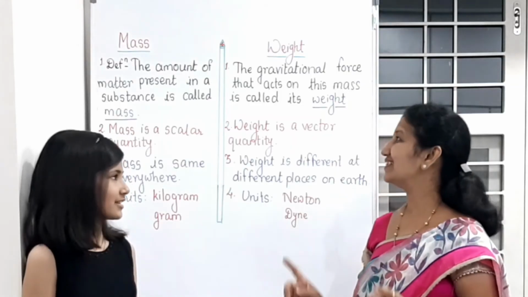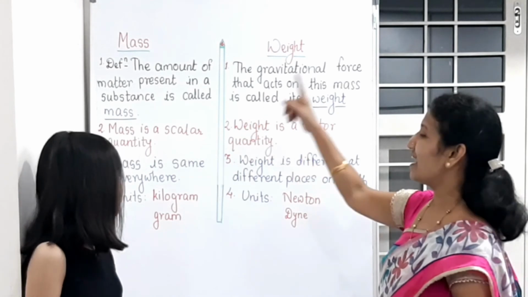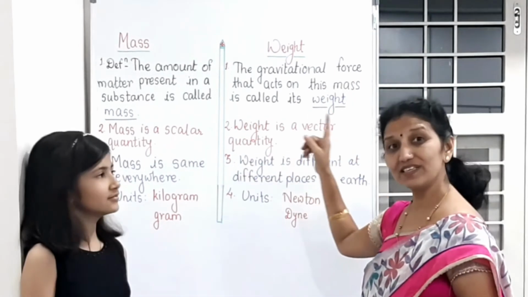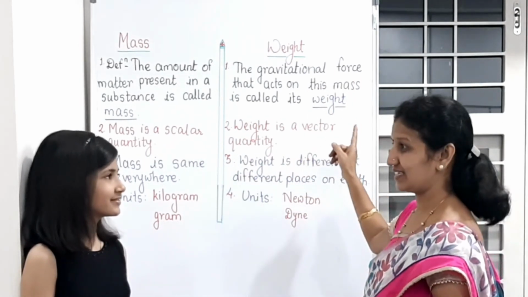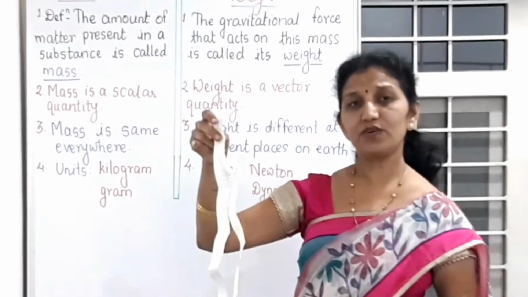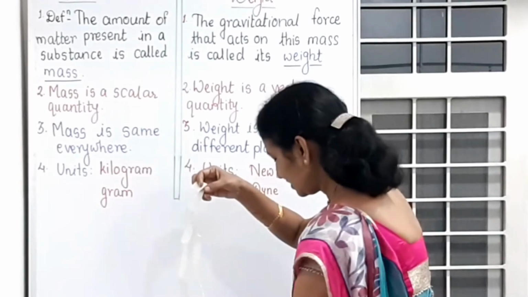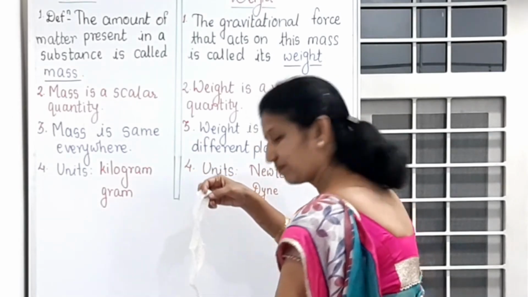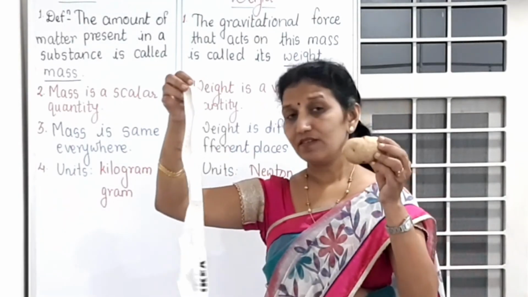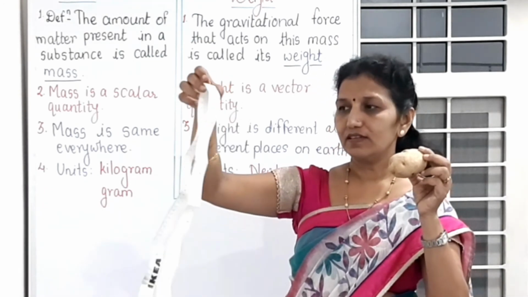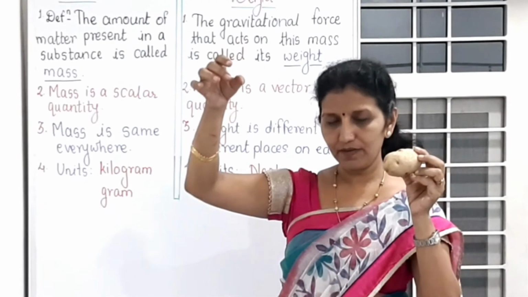Understood? Yes. In this way, mass and weight are different quantities. If I drop this paper strip and this potato downwards, what will happen? This paper strip will wave.